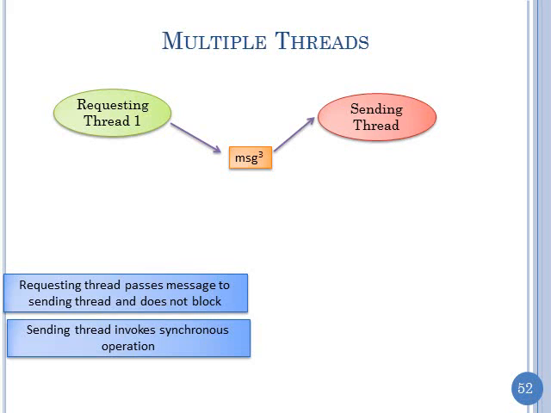Now, how many sending threads are there going to be? And how many requesting threads can there be? So you're designing the multicast layer. How many requesting threads can you imagine? Is there any constraint you can place? There's at least one.